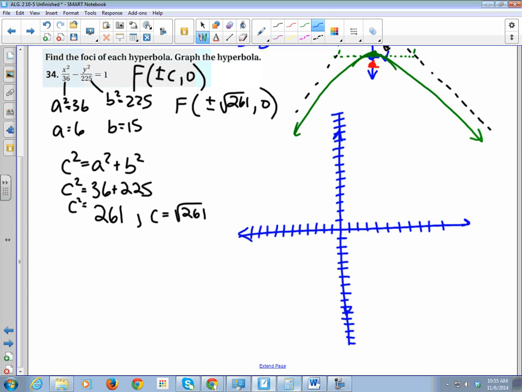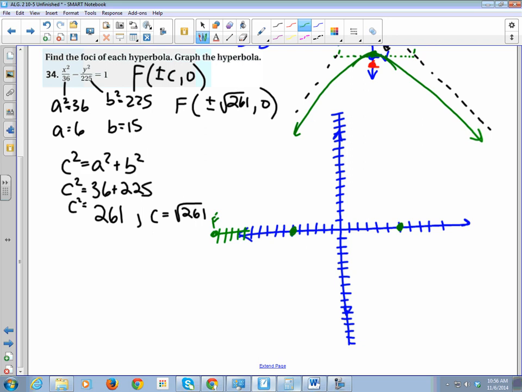Okay, so let's put our vertices on here. I know that I have a vertice at a comma 0, so that's (6, 0). And I have a vertice at (-6, 0). And we're going to open up at root 261, which is about 16. So my foci are here.